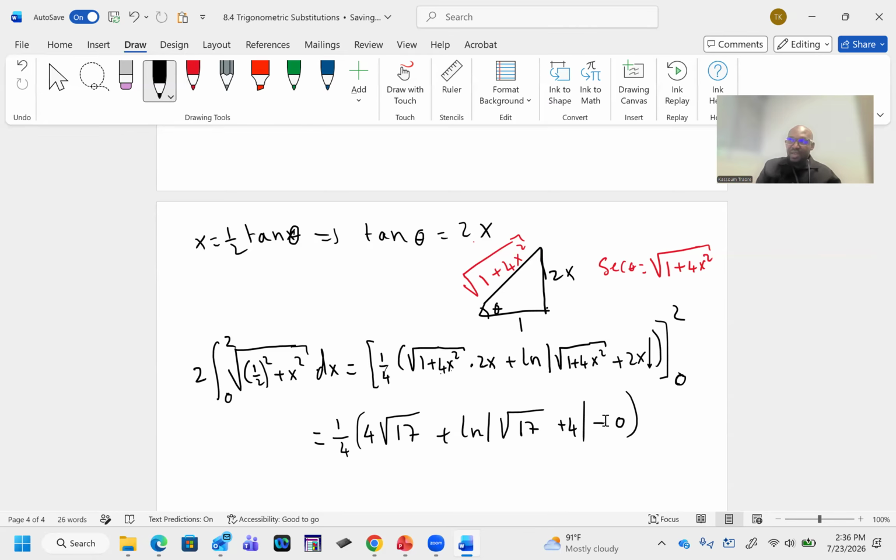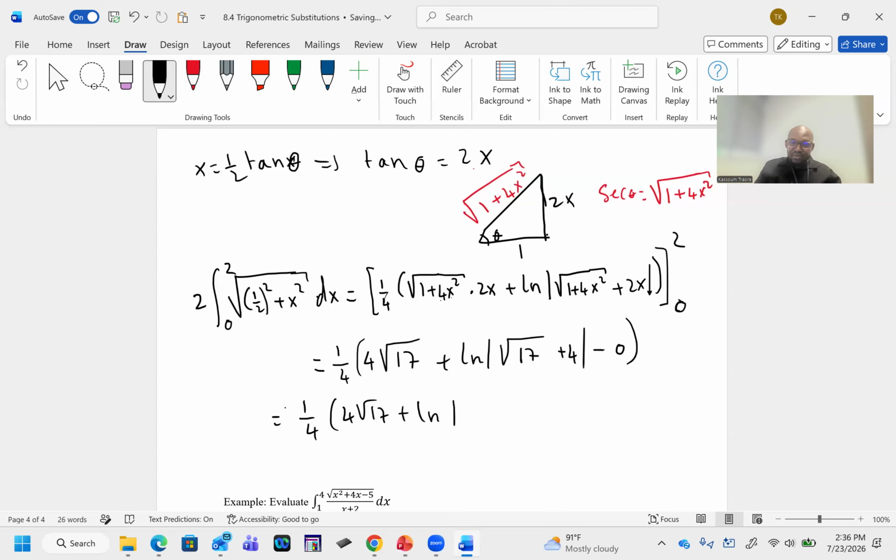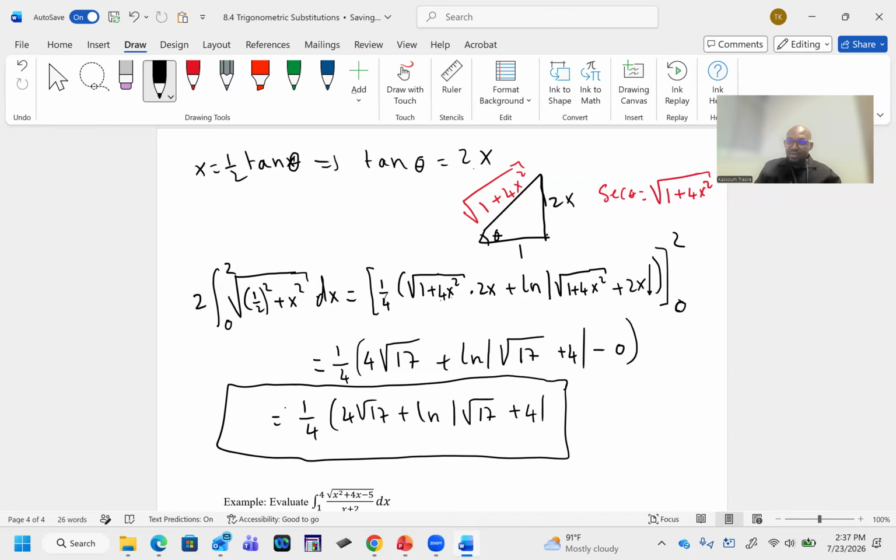So my final answer will be 1/4 times 4 square root of 17 plus ln of the absolute value of square root of 17 plus 4. And that's it. You can type this in your calculator to get the approximate value, which will be 4.65.